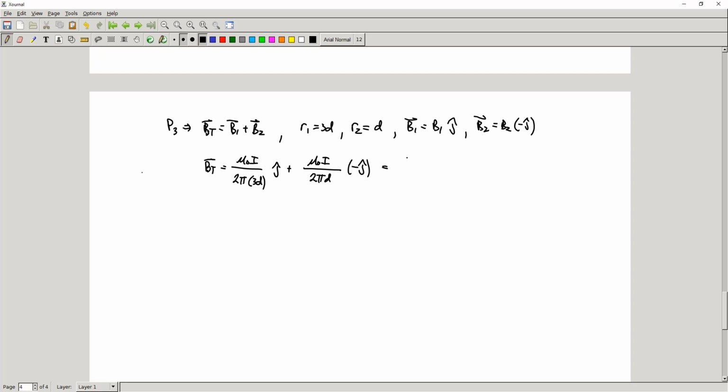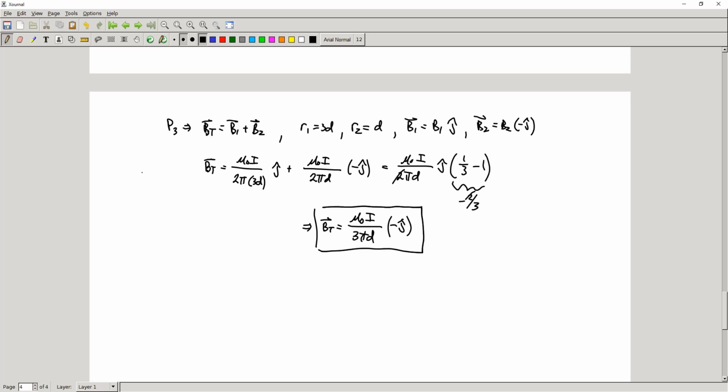We're going to end up with mu naught I over 2 pi d in the j hat, times 1/3 minus 1. 1/3 minus 1 gives us negative 2/3, and we can cancel out this 2 with this 2. If we rewrite this, we end up with B total equal to mu naught I over 3 pi d in the negative j hat direction. Okay, and that's the answer for the magnitude and direction of the magnetic field at P3.